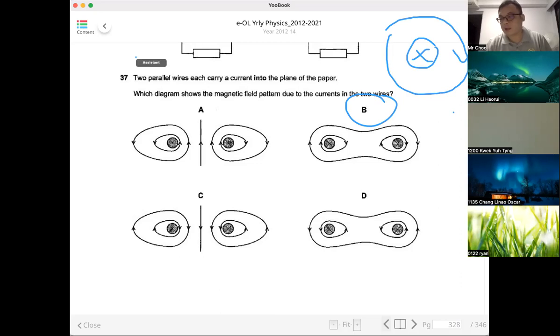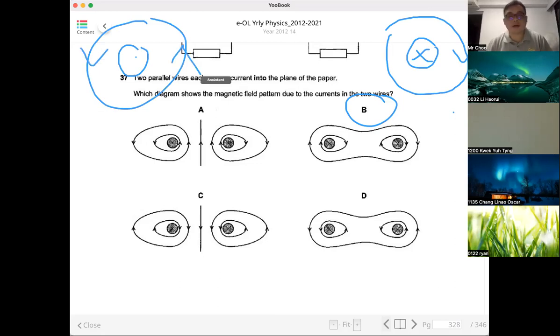If it is a dot where your thumb is coming out, your magnetic field line will be in an anti-clockwise direction. So if you look at all the four examples, if it's a clockwise direction, the right side is correct, the left side is wrong. The left side is correct, the right side is wrong. Both of these are wrong. So only B is correct, and therefore your answer is B.